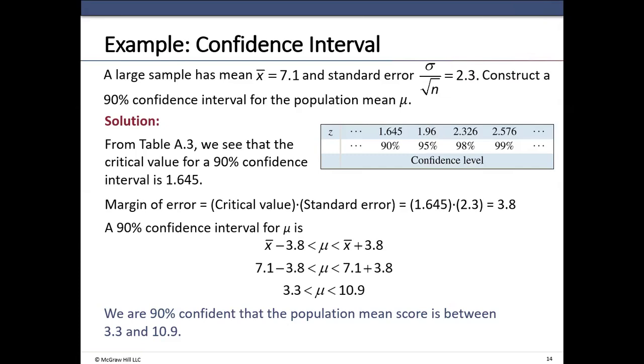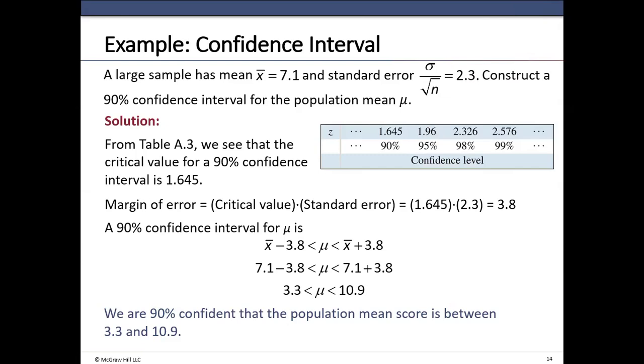So 1.645 times 2.3 is 3.7835, which they have rounded to 3.8.